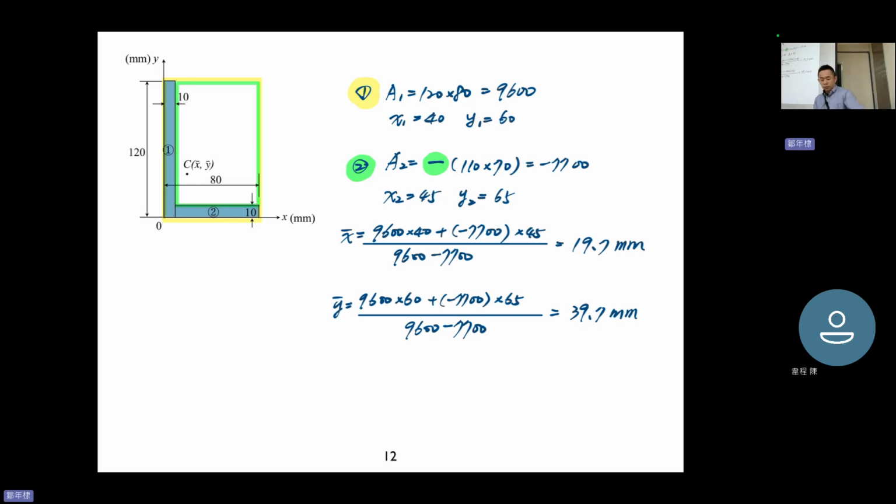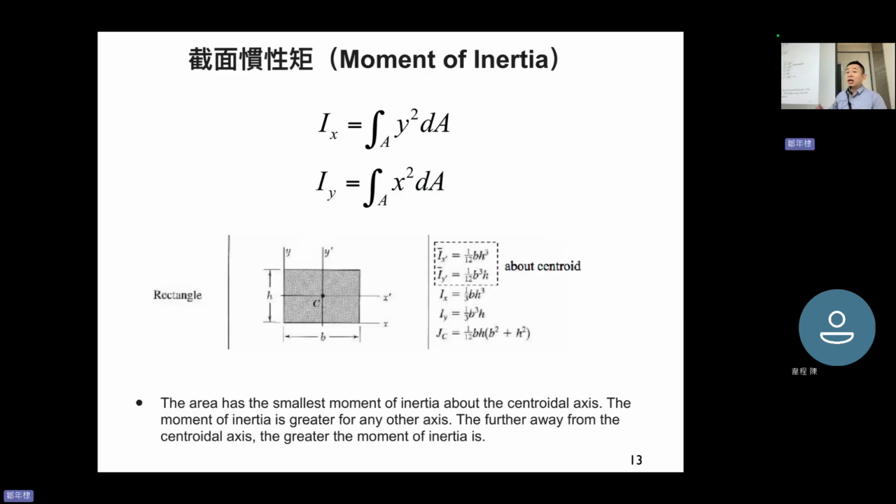Right. So I guess this is quite important. Next one is more important. Next one is going to talk about the moment of inertia. Although we talked about that before, we will just give you a quick review. Remember, moment of inertia is how difficult it is to rotate a projection.